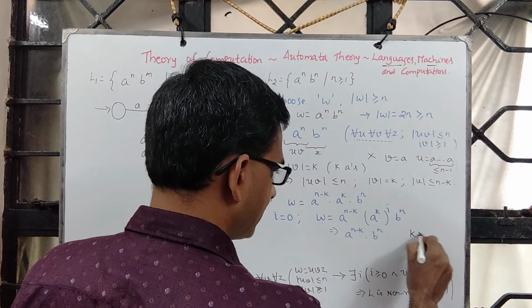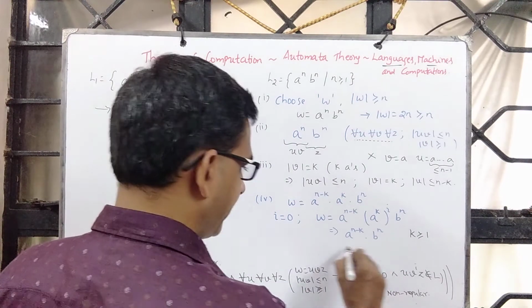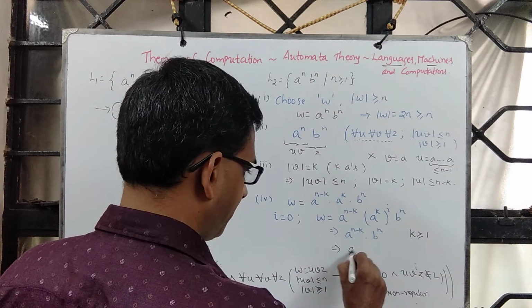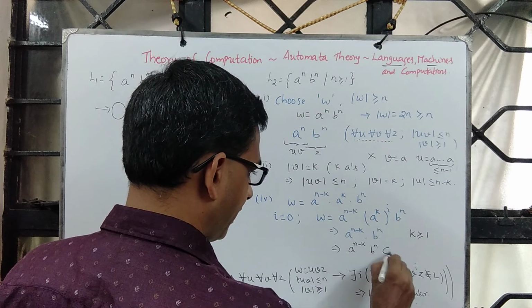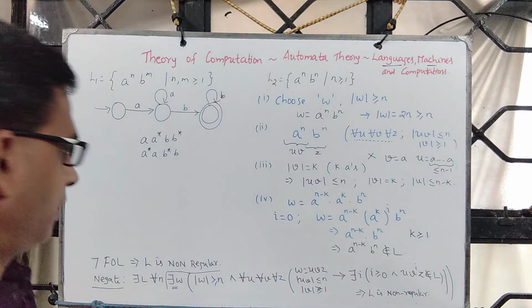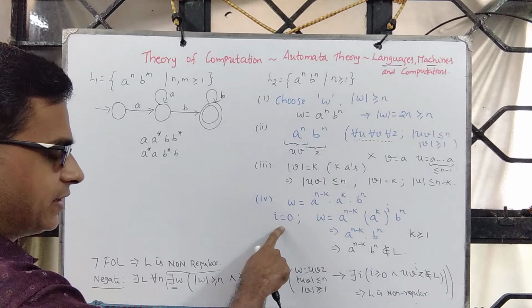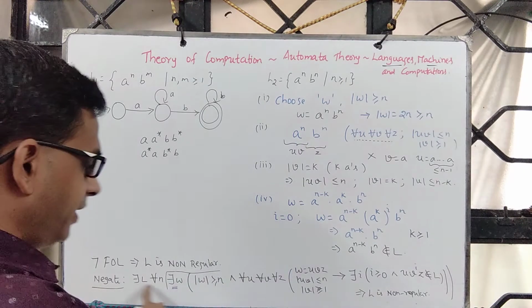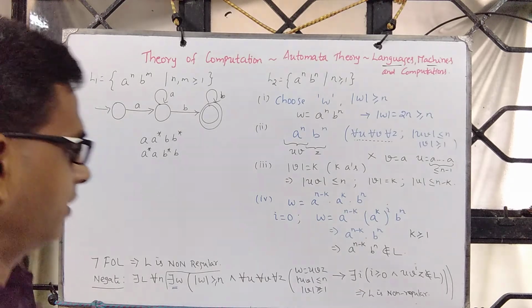So k is at least 1. And it's clear that a power n minus k times b power n is not part of L. So now for this w, for this i, we have satisfied the premise of this statement.